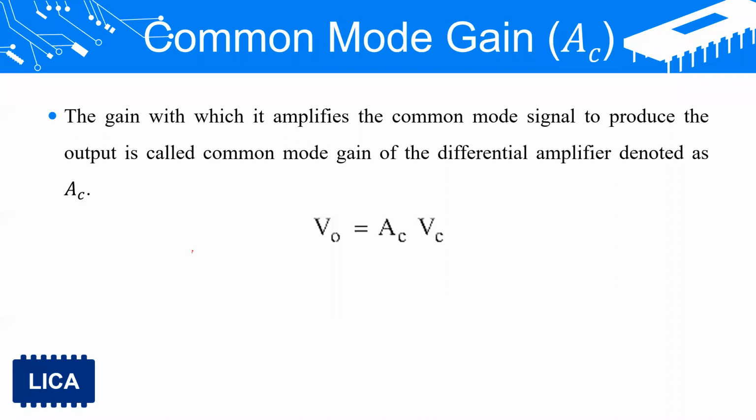So what is VC? VC is the average voltage, V1 plus V2 divided by 2. This is the average common mode signal, VC.